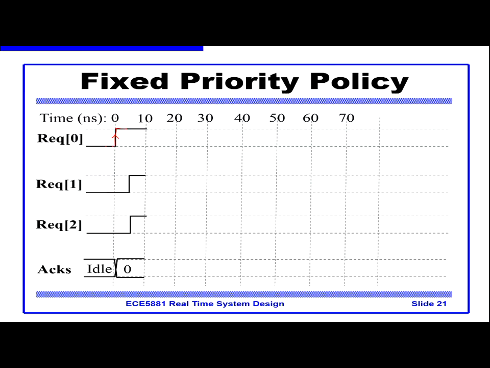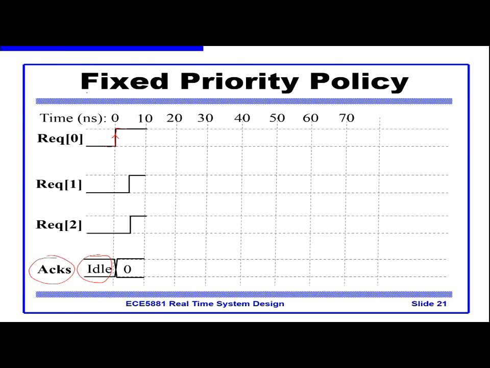So your role is to complete the outputs of the acknowledge, and that will impact when the requests can request again. So what we see initially is the arbiter is idle, so there's no request active and there's no acknowledges active. That's simple.